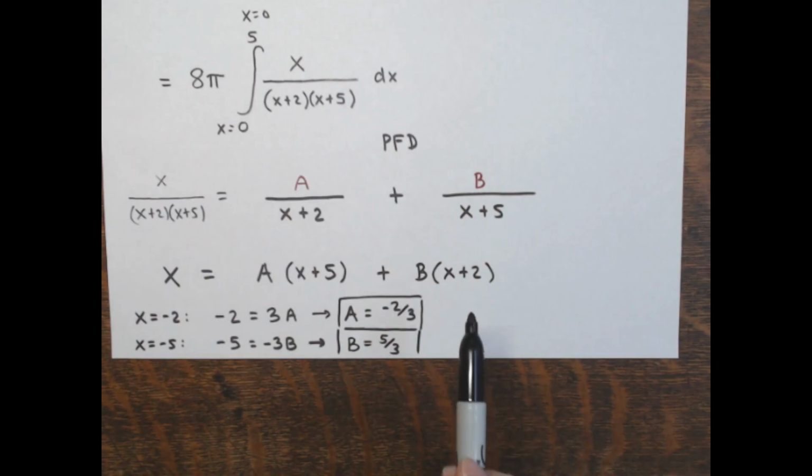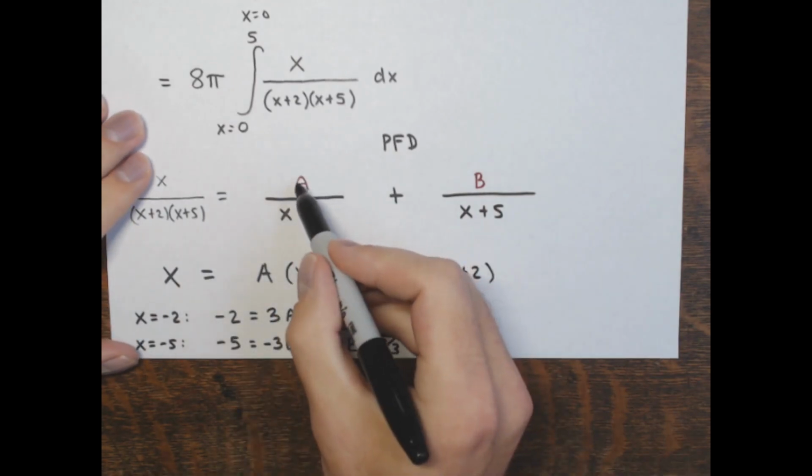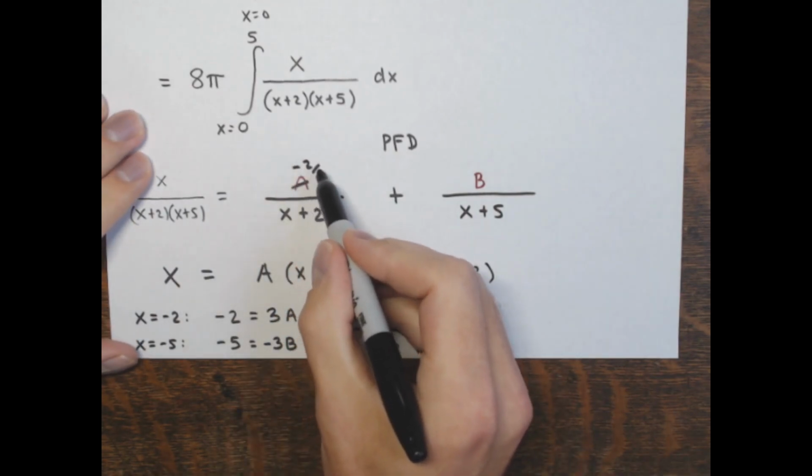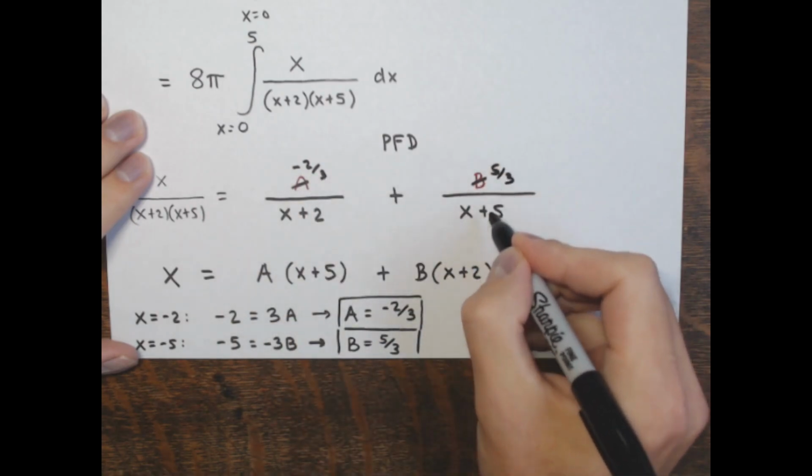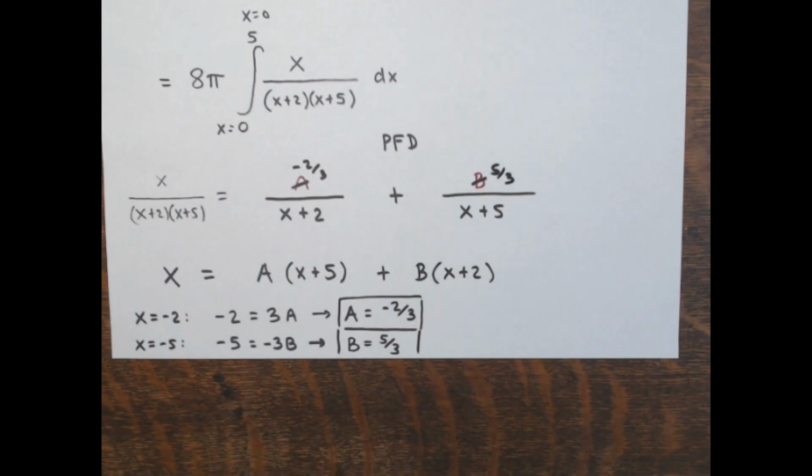You know what, just to save a little time, we'll be integrating this -2/3 over x plus 2, and then the b is +5/3 over x plus 5, right? So I'm just going to jump to the integral right now.